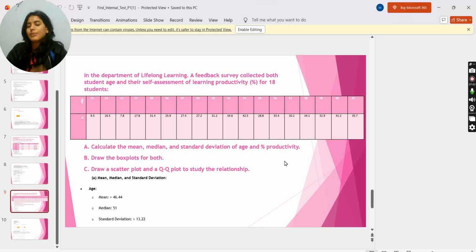In the Department of Lifelong Learning, a feedback survey collected both students' age and their self-assessment of learning productivity percent for 18 students. Now we have age in numbers and percentages. We'll calculate the mean, median and standard deviation of age and percentage productivity. Draw the box plots for both, and draw a scatter plot and a QQ plot to study the relationship. First we have to find mean, median and standard deviation.